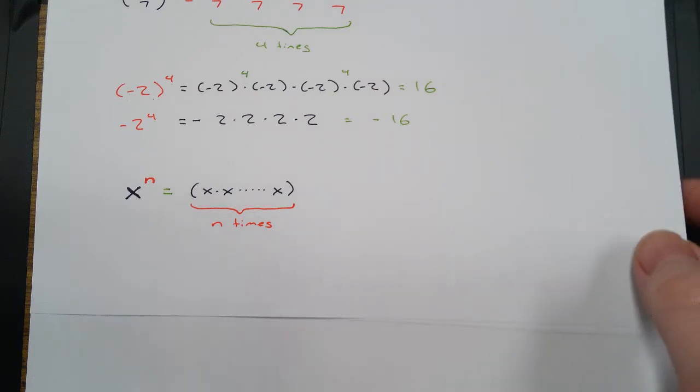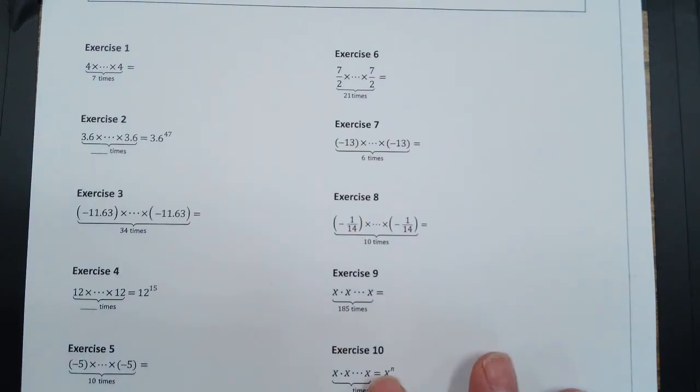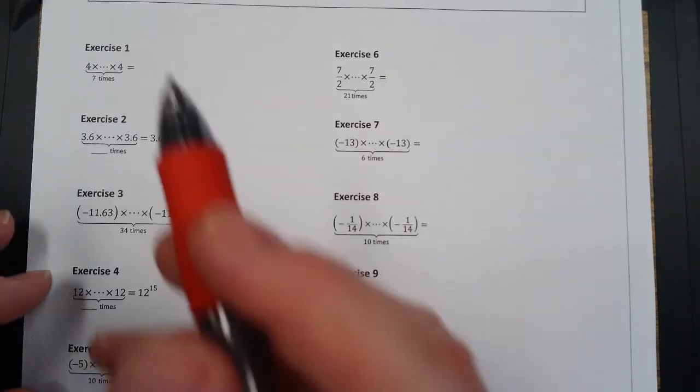For this, you're going to need your workbook starting on page 1. You'll see exercise 1 all the way to exercise 10 on this page. We're going to do a few of them together. And so follow along.